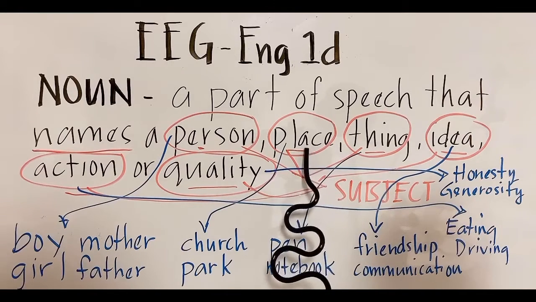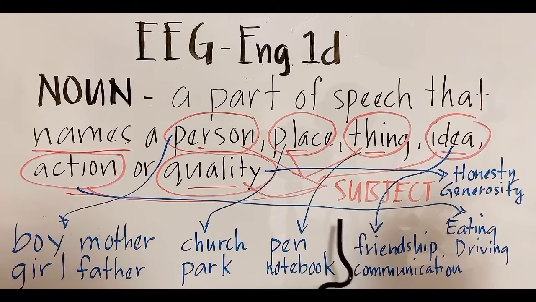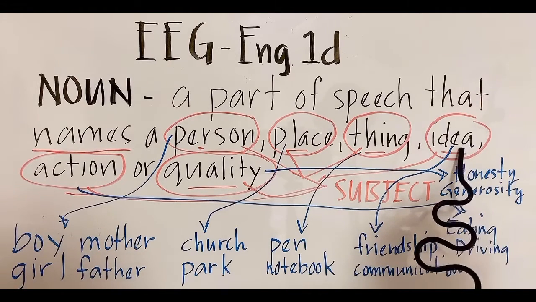And for the place, it can be the church, the park, kitchen, the room, or somewhere else. And for the thing, can be the pen, the notebook, the ball pen, the pencil, etc., etc. And for the idea, it can be friendship, communication, democracy, philosophy, and so on.